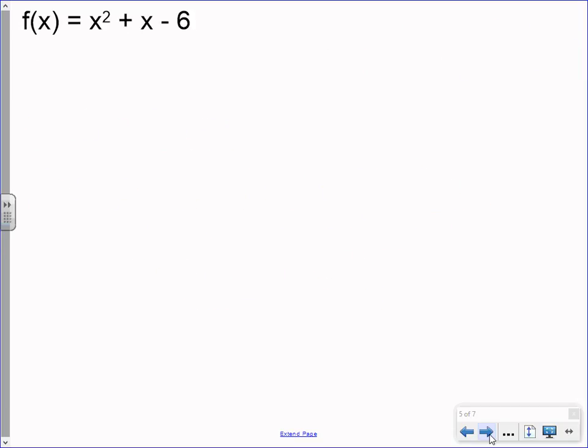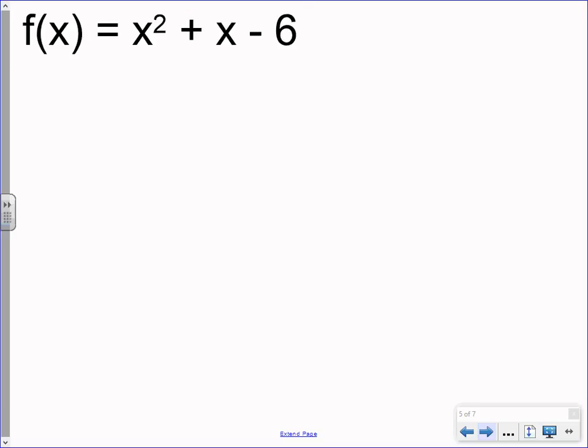Second example. I'll make it bigger. Okay. So f of x is x squared plus x minus 6.